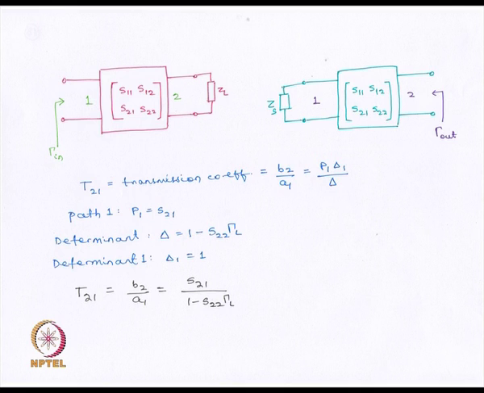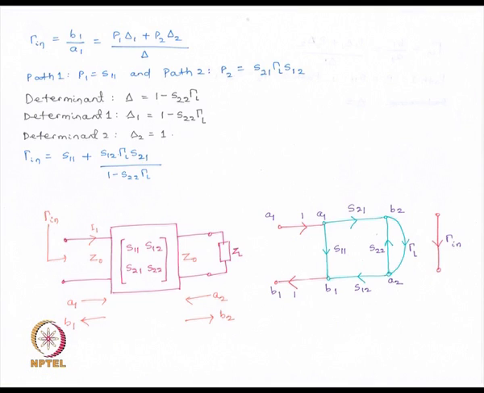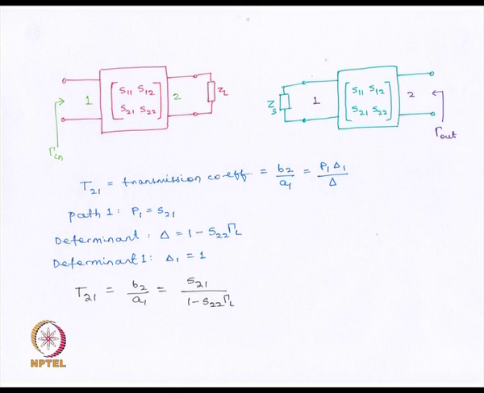Suppose we want to find out the transmission coefficient, that is T21 given by B2 upon A1. Let us go back to, so here we have to find out B2 upon A1. There is only one path between B2 and A1, which is along this path S21. Hence, P1 is equal to S21.